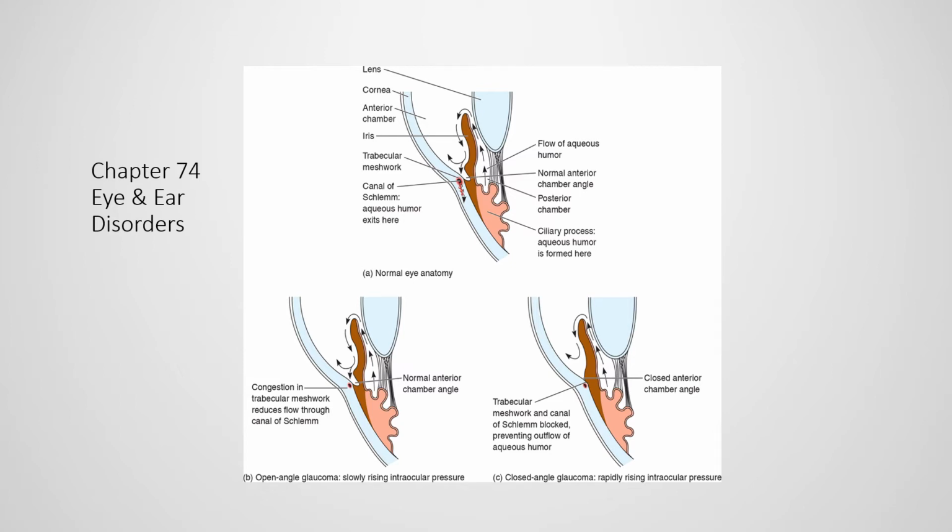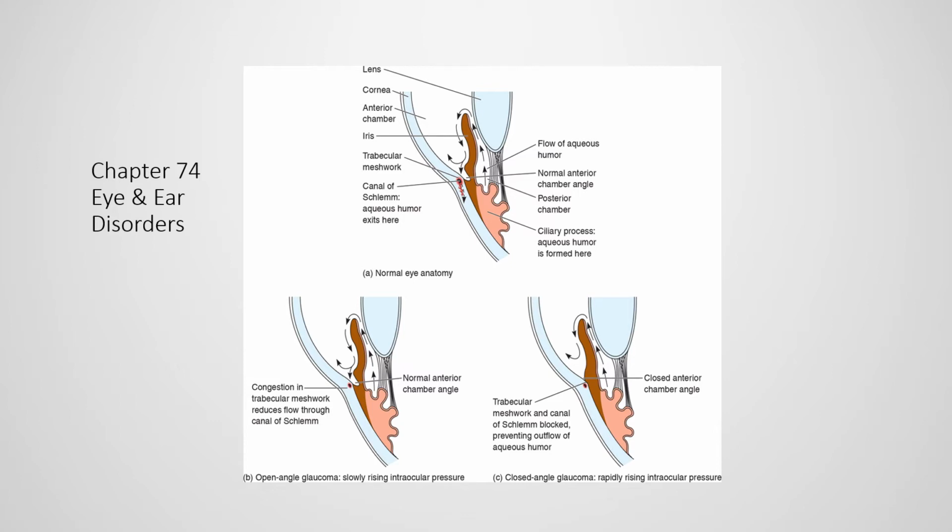Usually it's a problem with the drainage system. If you have reduced drainage but continued production of fluid, then you're going to have a gradual increase in your intraocular pressure, your IOP.